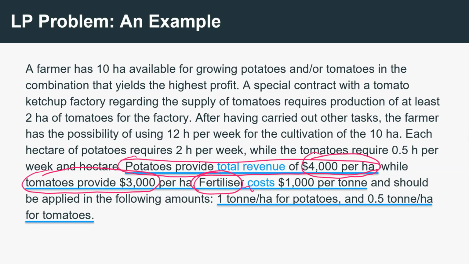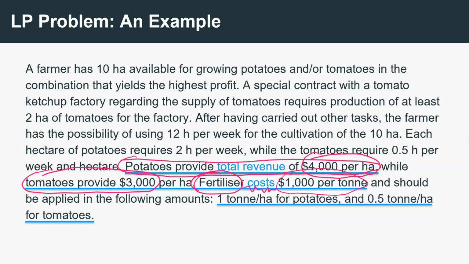Pay attention to critical words like cost and revenue, or those concepts. Here it is 1,000 per ton for fertilizer. So the cost of fertilizer is the same for both tomato and potato.